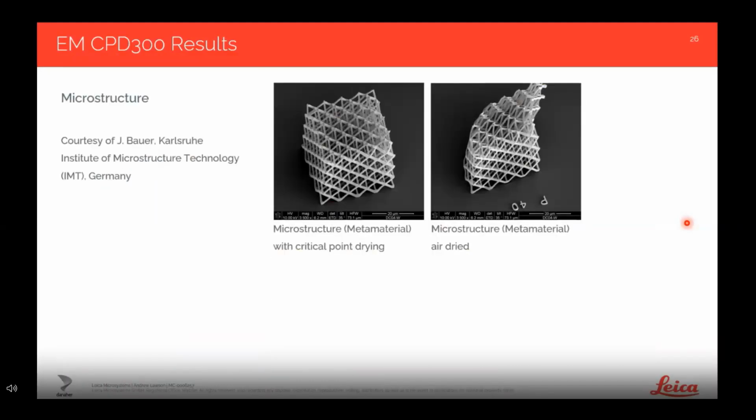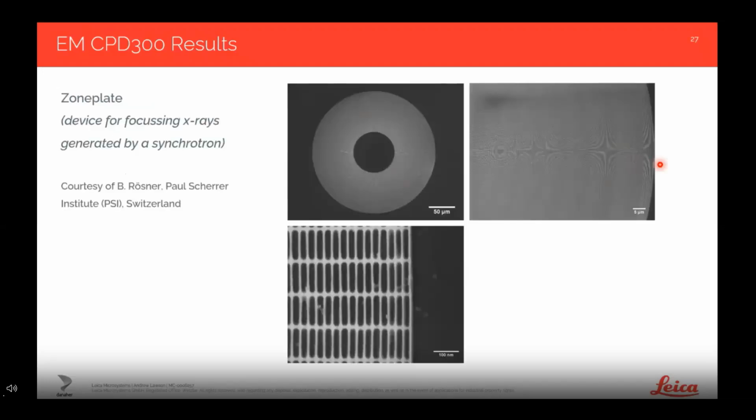And then a couple of material science examples. This is a metamaterial microstructure that, when air dried, can see significant deformation of the structure, but retains its structure when critically point dried. And a final material science example: this is a zone plate that's used for focusing X-rays in synchrotron applications.